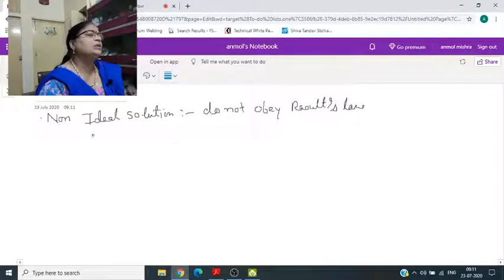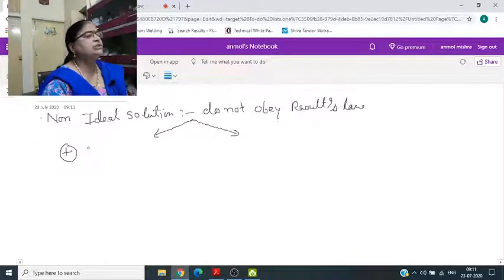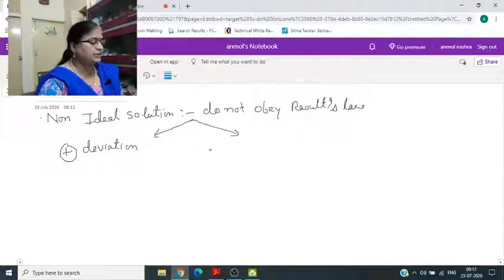Now these are of two types. Non-ideal solution showing positive deviation, and second is negative deviation. First we will study positive deviation, and negative deviation I will discuss afterwards.